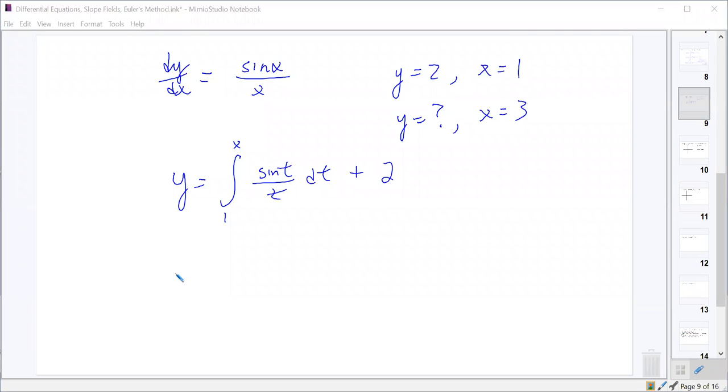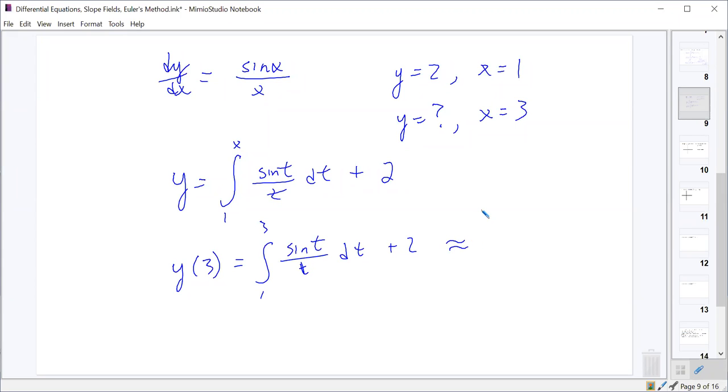And so y of 3 should have been the integral from 1 to 3 of sine t over t dt plus 2. And what did that come out to be? 2.903. 2.903? Yeah. People agree with that? Yeah.